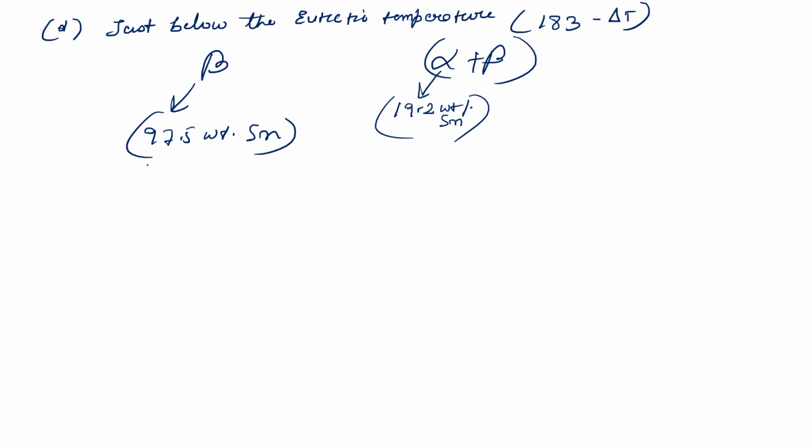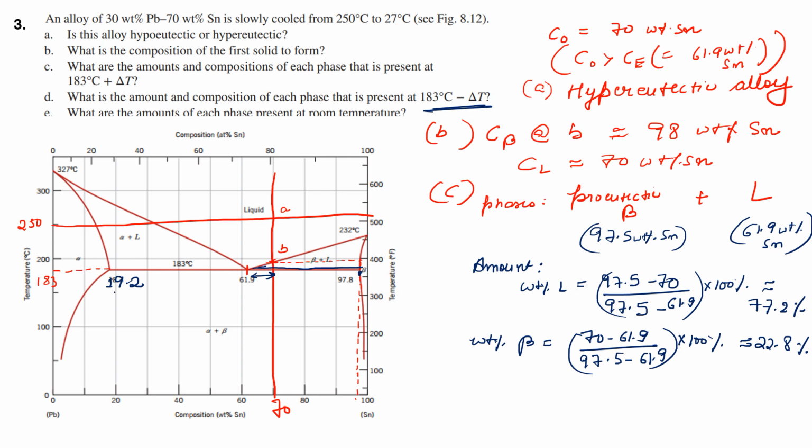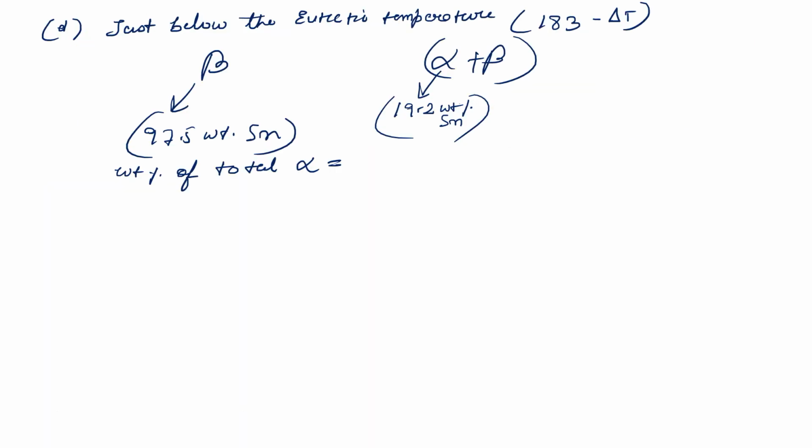The weight percent of total alpha you can find out by the lever rule. The weight percentage of total alpha can be given by, so this is the alpha phase, 97.5 minus 70 divided by 97.5 minus 19.2, into 100%, that should give me approximately 35.1%.